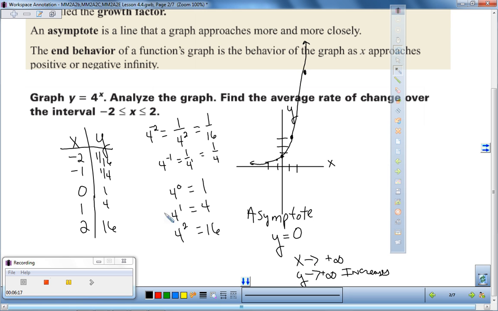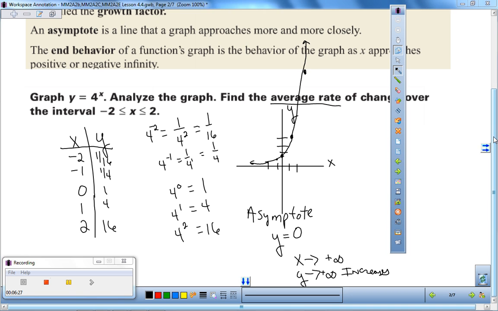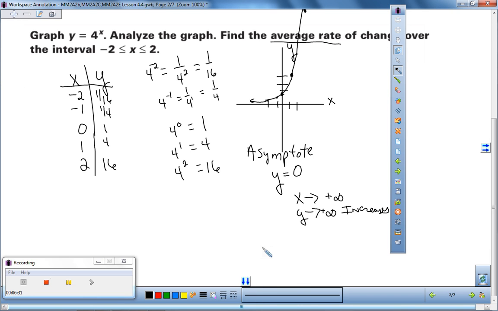Now, it asks for the average rate of change. The only thing that's a little bit involved in this is we're going to have to deal with some fractions. Remember, an average rate of change for a line would be slope. So what we're going to do is take y2 minus y1 over x2 minus x1 and figure out what our average rate of change is for this.